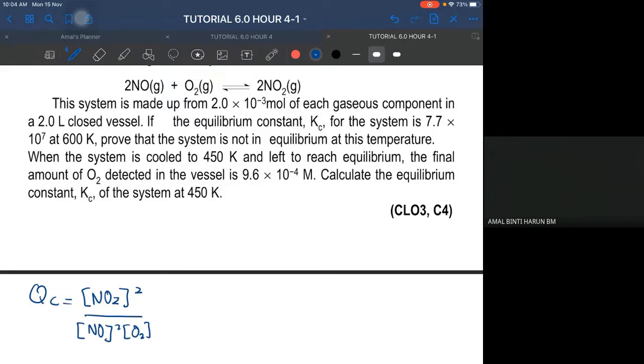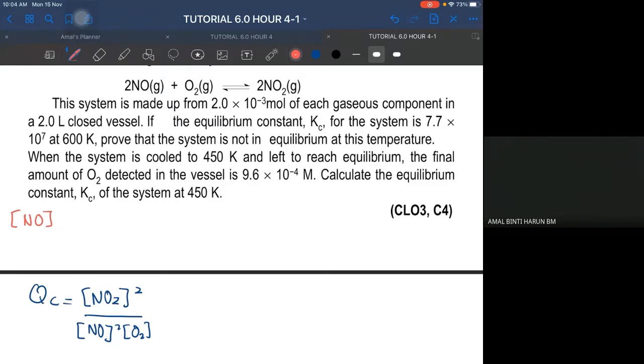As we know, what we substitute here is at any time, not necessarily at equilibrium. Tapi ini concentration yang diberi mole bagi reaktan dan produk. So kita kena cari concentration diorang. So first, find the concentration of NO.